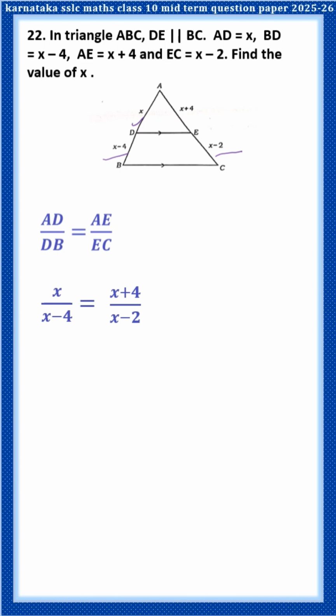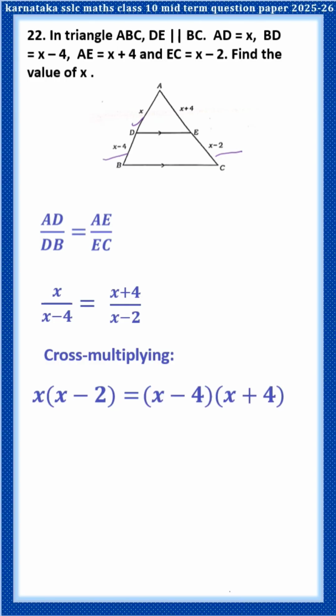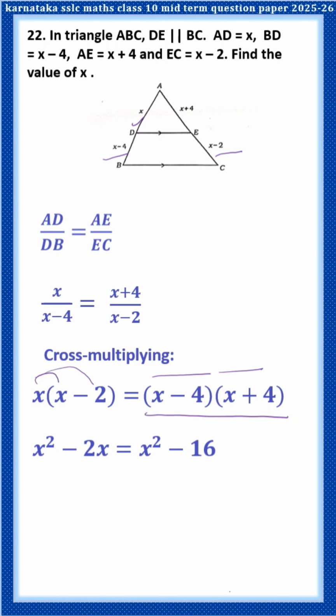Now let us cross multiply. X into X minus 2 is equal to X minus 4 into X plus 4. Here if we multiply, what do we get? X square minus 2x is equal to, it is in the form of a plus b into a minus b, that is equal to a square minus b square. So this is equal to x square minus 16.